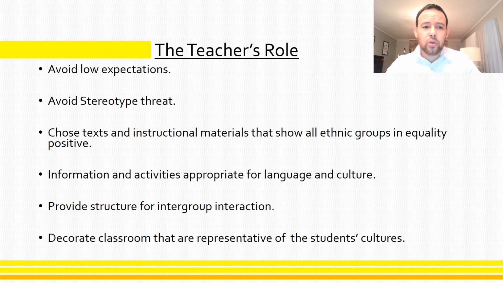The teacher's role should be to avoid low expectations, avoid stereotypes, choose texts and instructional materials that show all ethnic groups equally and positively, use information and activities appropriate for the language and culture, provide structure for intergroup interaction, and decorate classrooms in ways representative of the students' cultures.